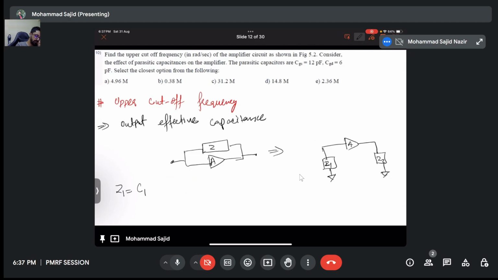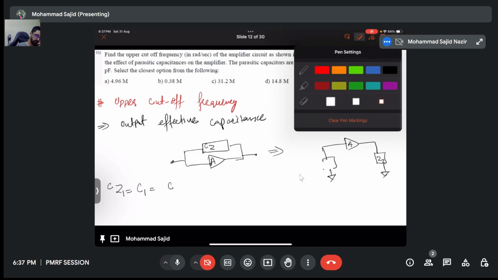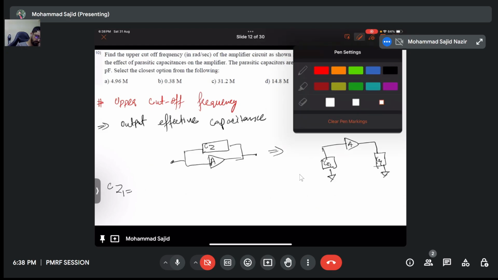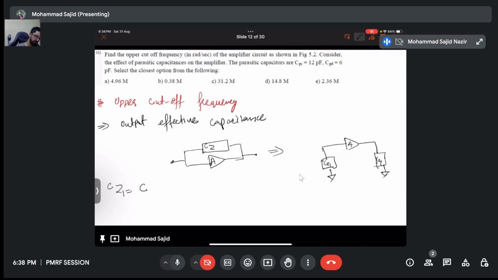If it was a capacitance, my Z1, for the capacitance C1 here, let me call it CZ1. CZ1 will be C times (1 minus A), and CZ2, which is at the output, will be C times (1 minus 1 by A).